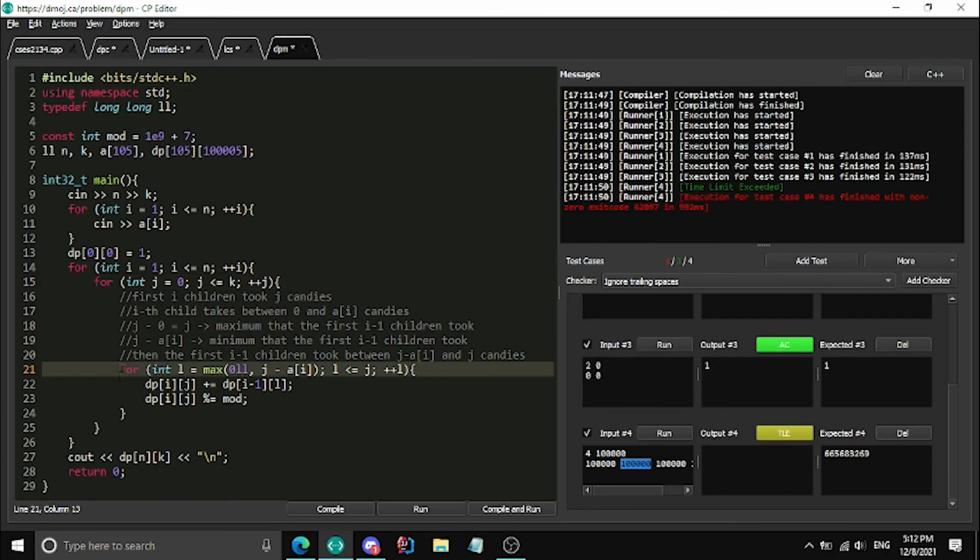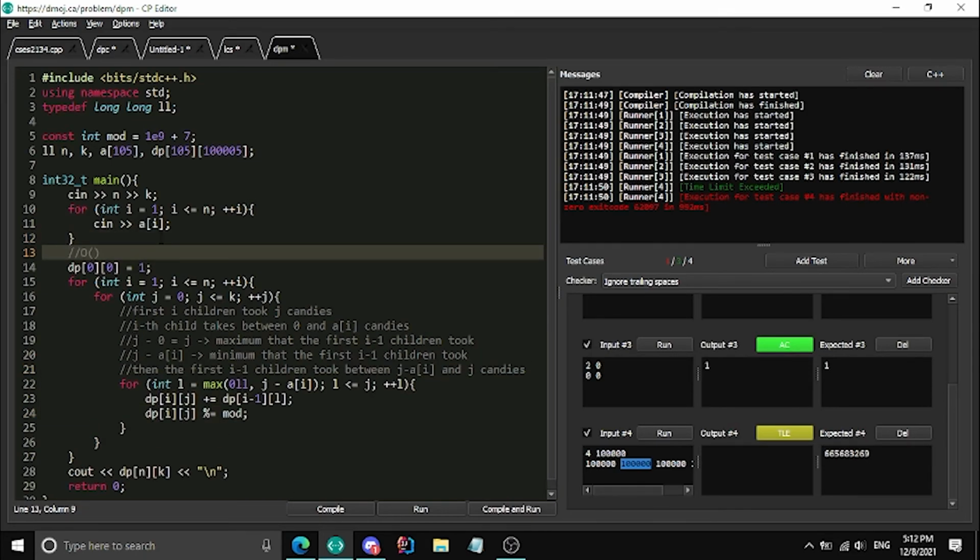We have another loop inside, and so you realize that j minus a at i can go down to 0, and j can go up to k. And so potentially this loop can loop through O of j elements, right? And so our time complexity of this would be O of n times k times k.